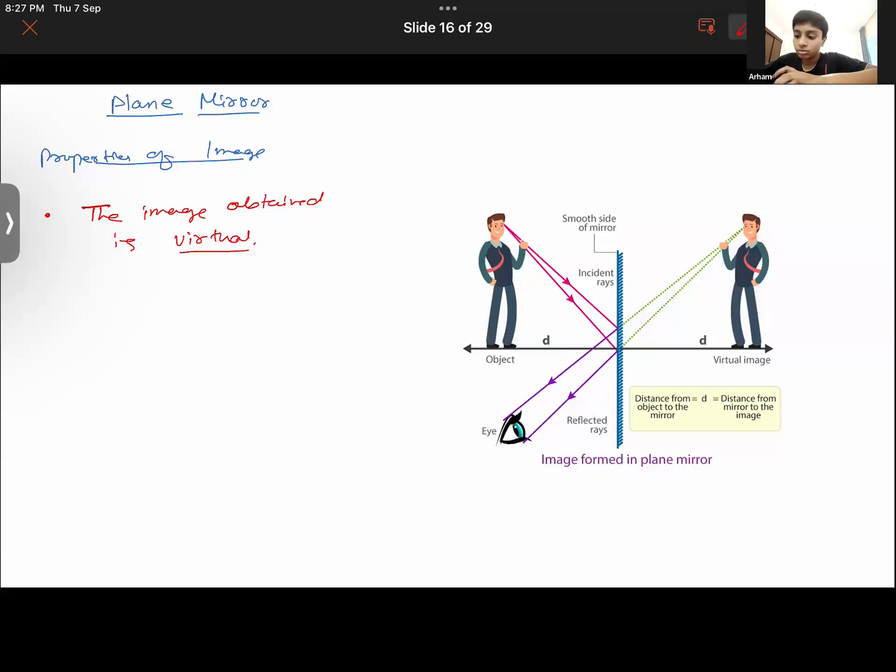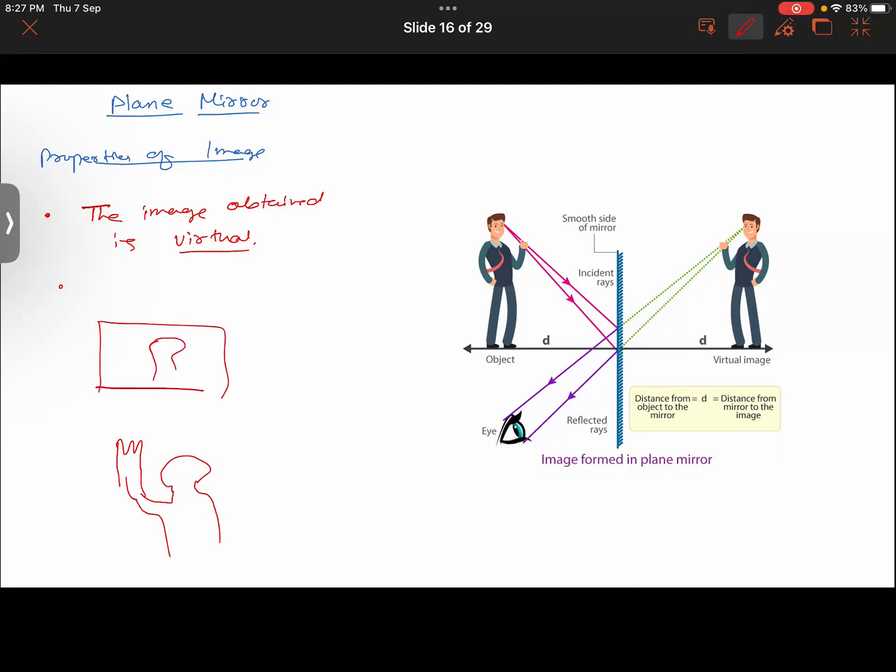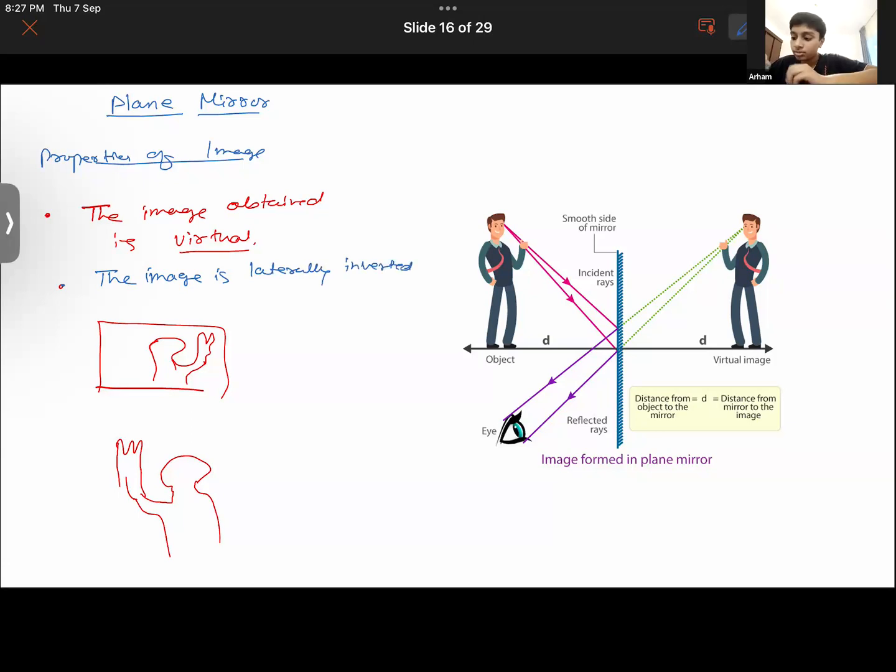If you were standing in front of the mirror and raised your left hand, in the mirror you will see that you are raising which hand? It will appear as if you are raising your right hand. So the next property is that the image is laterally inverted.